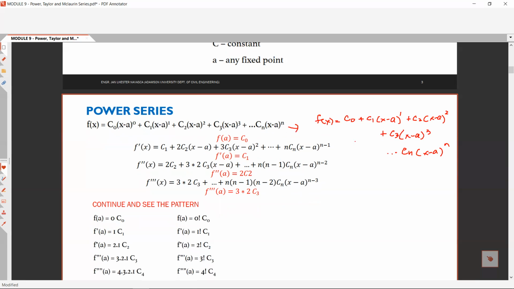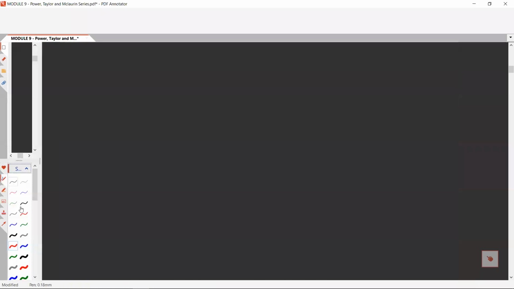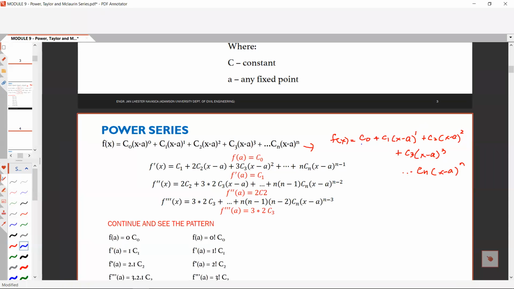Okay. So how are we going to find c sub 0? Paano ba natin makukuha yung c sub 0? So in order for us to find c sub 0, the first constant, we set any value of x that will make all these terms 0.